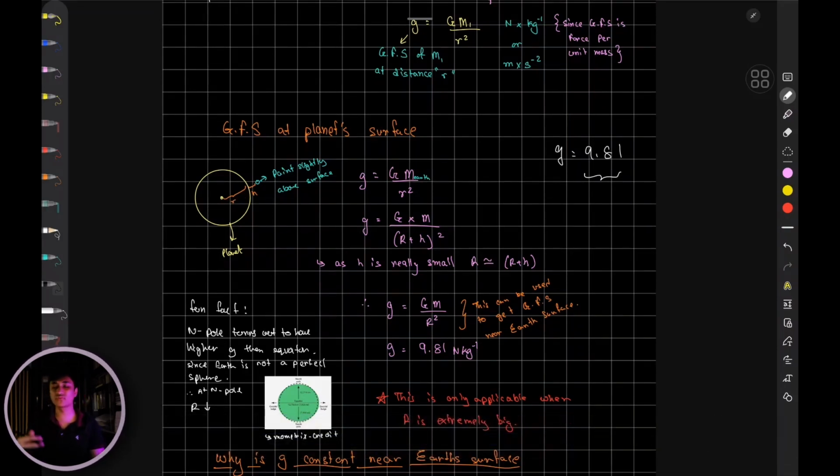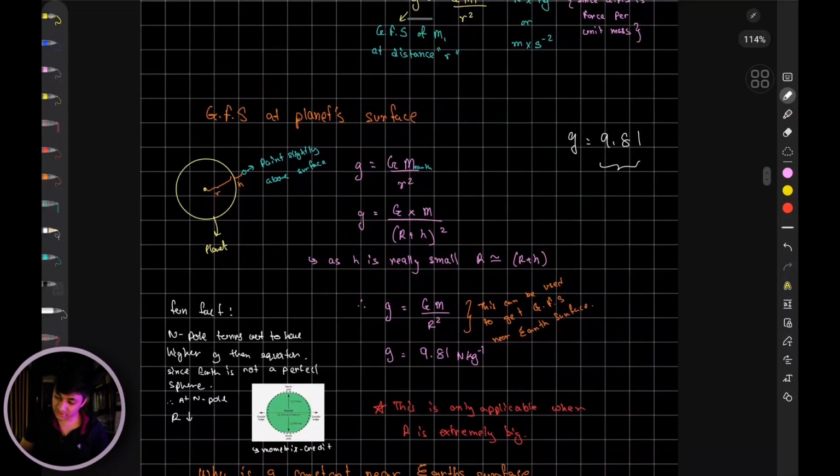And let's say you want to find out the gravitational field strength at a small distance above Earth. Let's say 2 meters above the surface, right? So what you're going to do is gravitational constant times the mass of Earth divided by r, the radius of Earth, plus the altitude h at which you're measuring the field strength, all to the power of 2, right?